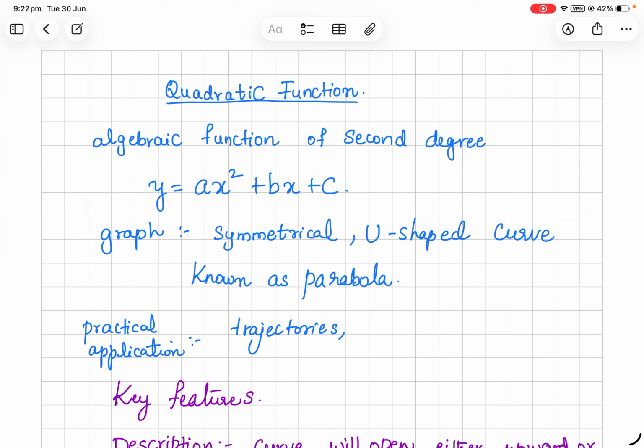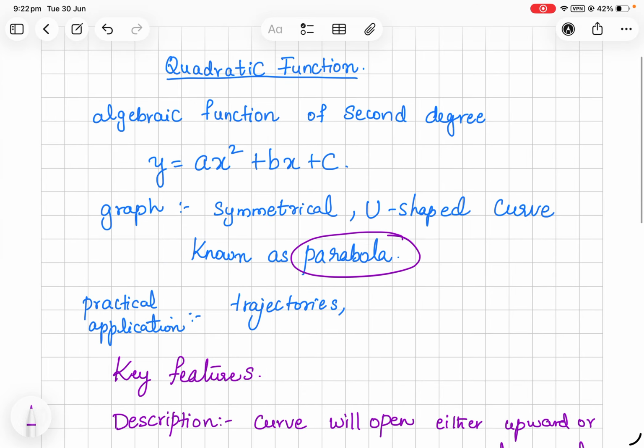Now, the graph of a quadratic function is called a parabola. Parabola, depending upon your accent and country, I think. Parabolas are quite important for representing real life scenarios, especially those related to trajectory motion.